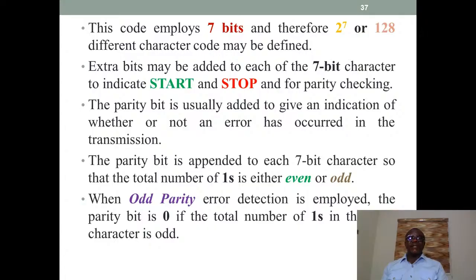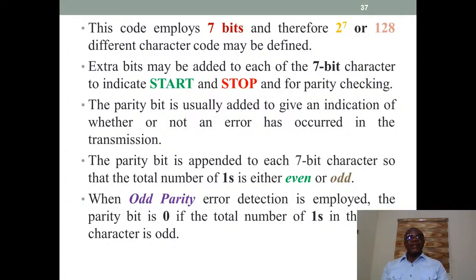Extra bits may be added to each of the 7-bit characters to indicate start or stop and for parity check. As we go on, we'll see what we mean by parity check in more detail.